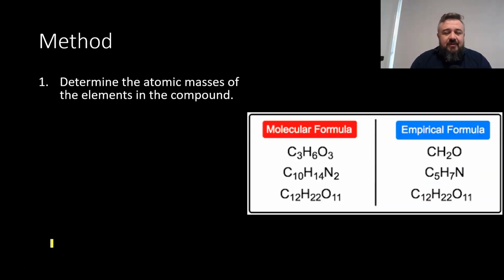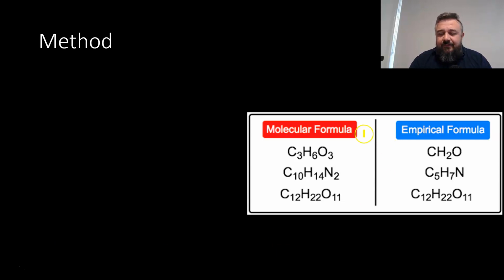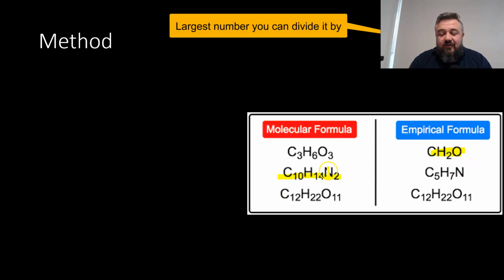So how do we work it out? The first step is, well, actually, let's have a look over here. So here we have another carbohydrate, C3H6O3, whereas the empirical formula is simply CH2O. Over here we have C10H14N2. The smallest thing we can divide all of this by is 2.